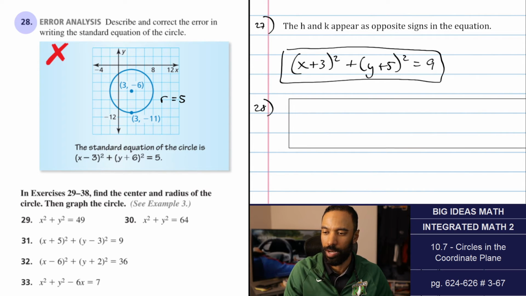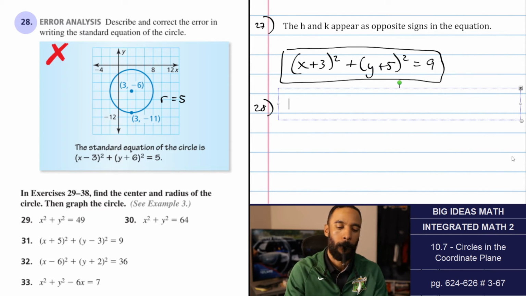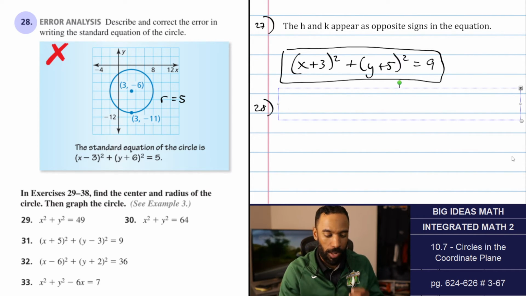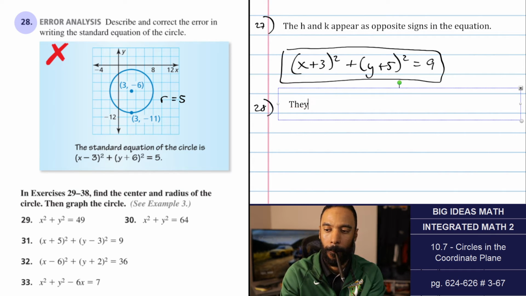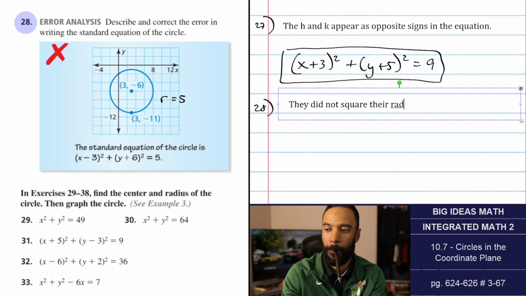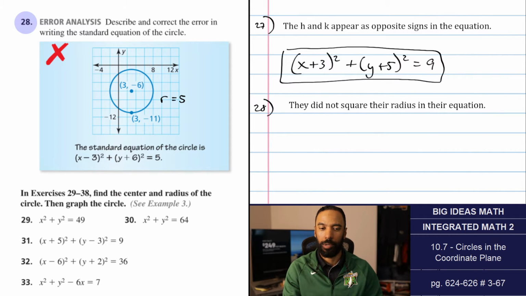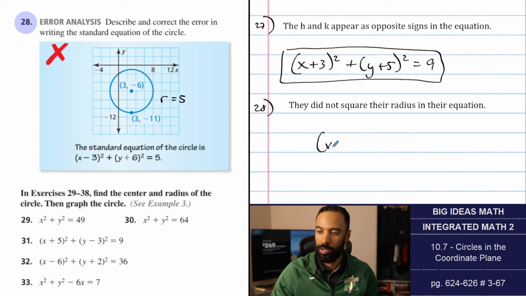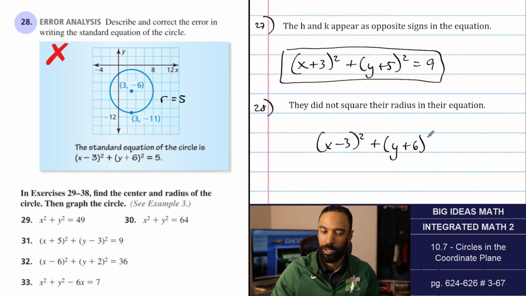They did not square the radius in the equation. So it should be x minus 3 quantity squared plus y plus 6 quantity squared equals 5 squared, 25.